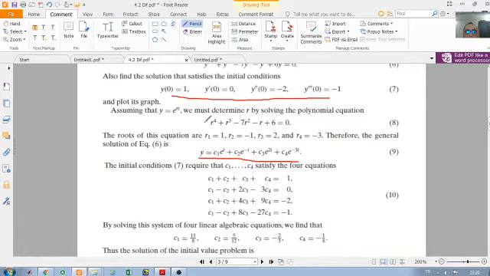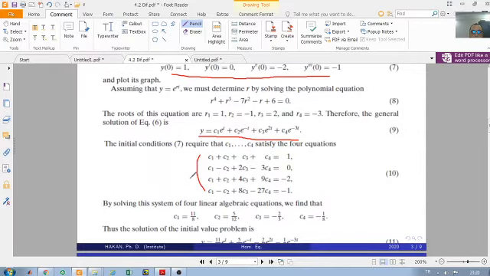The initial conditions require that c1 to c4 satisfy four equations. After finding the first, second, and third derivatives of this solution function and applying the initial conditions to them, we obtain four equations related to the constants.